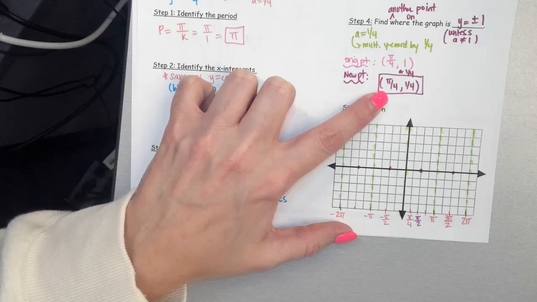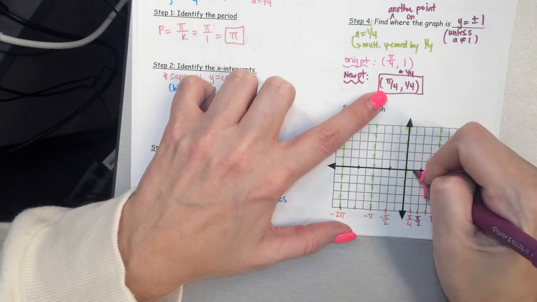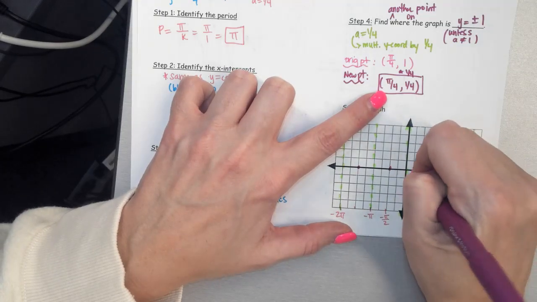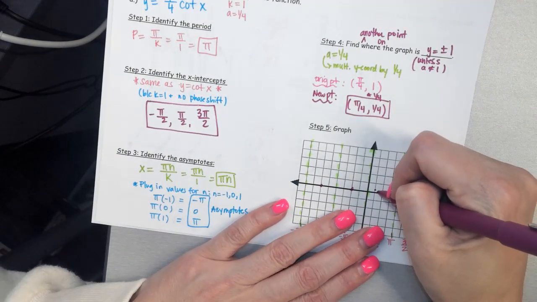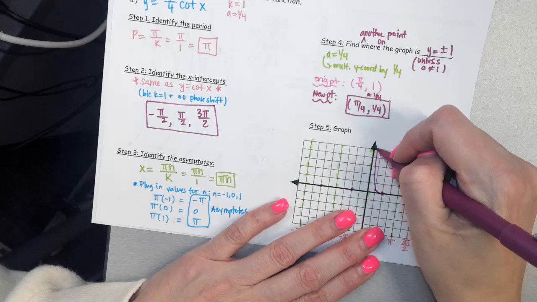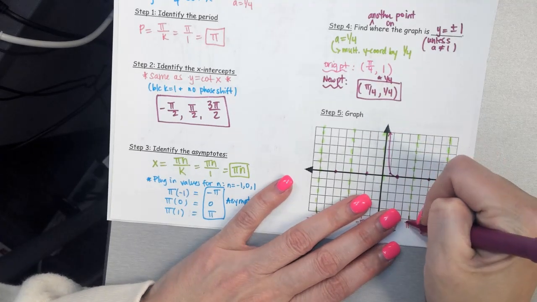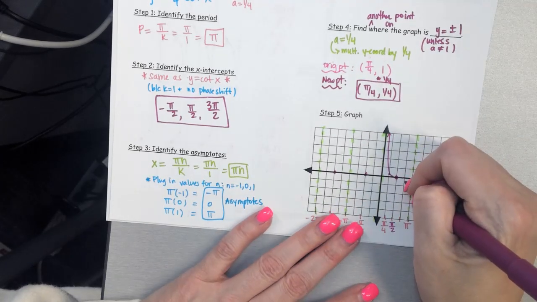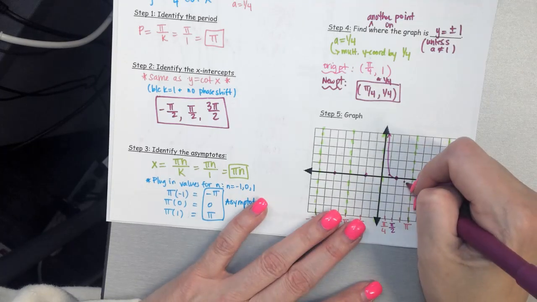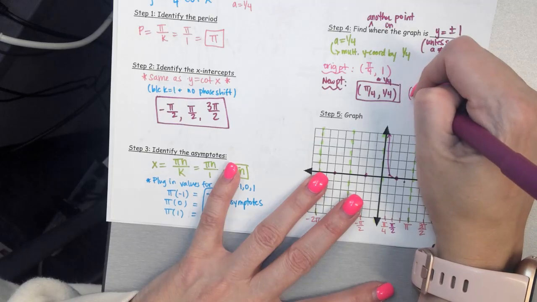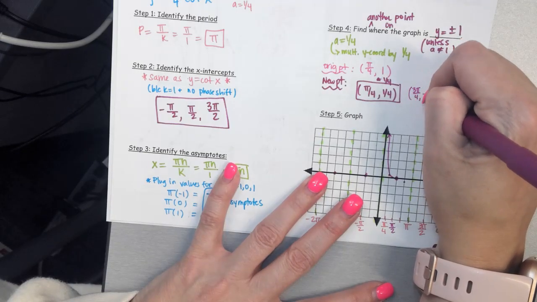At pi over 4, I'm at 1/4. So here's pi over 4. I'm just going to go 1/4 of the way up. If this branch is going up from left to right, this branch has to go over 1 and then down 1 here. So this is 3 pi over 4, and that's going to be at negative 1.